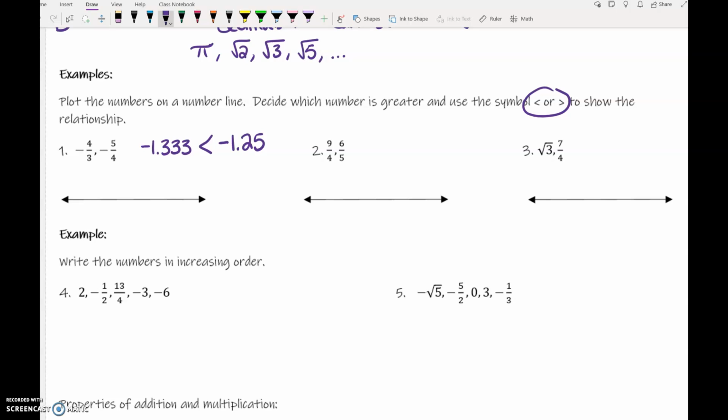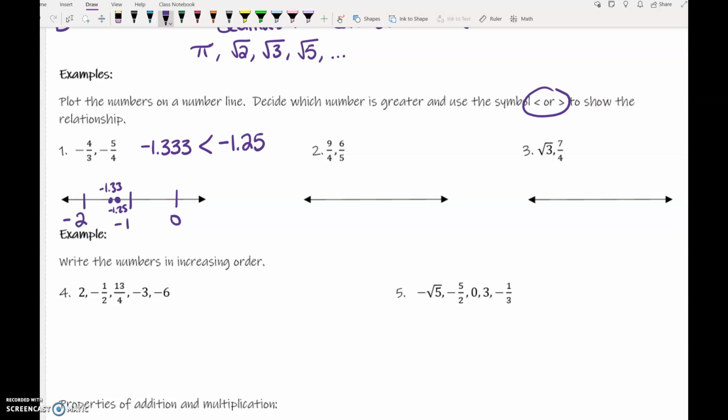Oh, but it's negative. So -1.33 is farther away from 0 than -1.25. If you do need to draw this out on the number line, you can. 1.33 is a third of the way between 1 and 2. -1.25 is a quarter of the way between -1 and -2. I forgot my negatives on here.